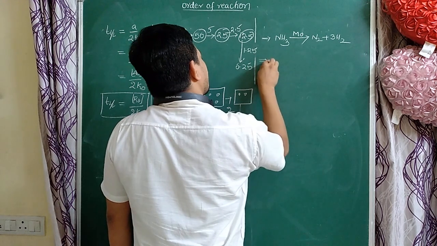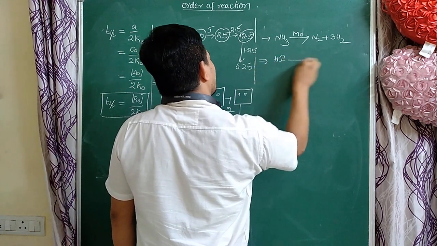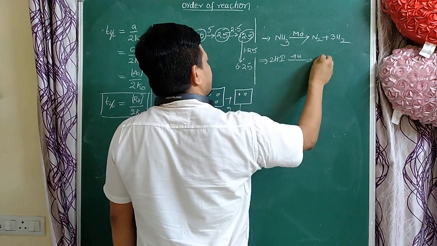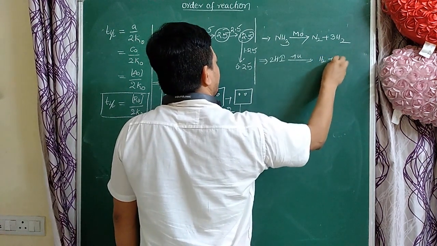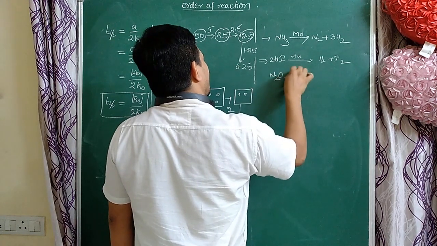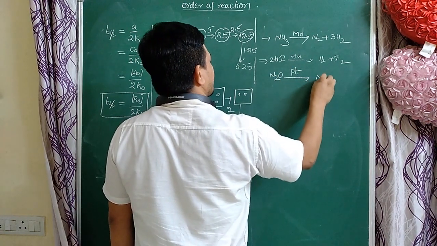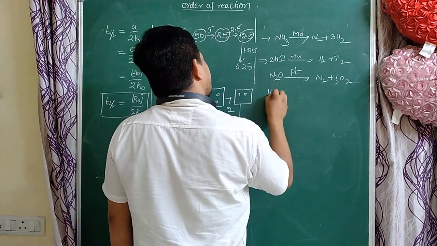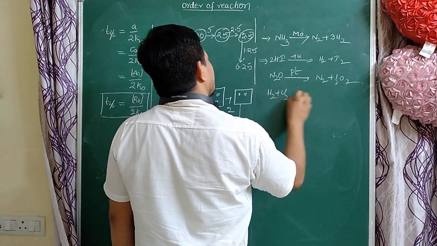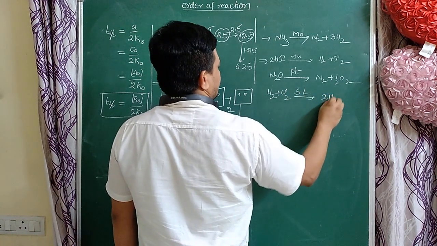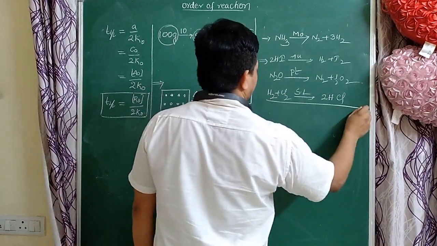Next, HI decomposition on a gold surface, on metal surfaces, gives H2 plus I2. N2O decomposes on a hot platinum surface to N2 plus O2. And next, in the presence of sunlight, H2 plus Cl2 gives 2HCl. These are all zero order reactions.